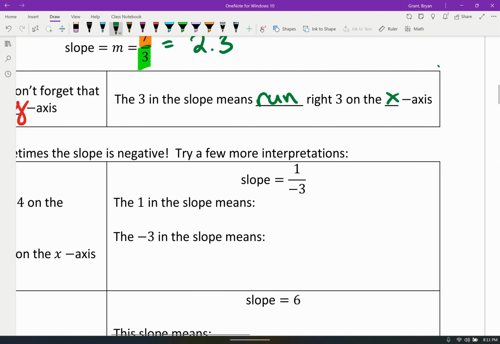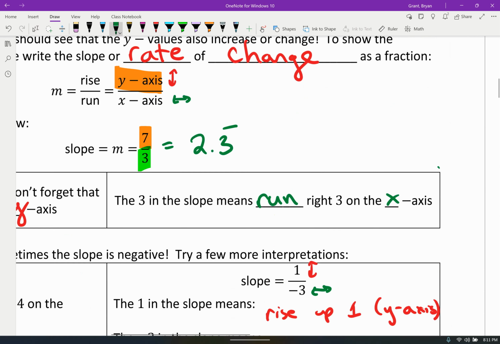All right, let's try another. Slope equals 1 over negative 3. Well, we have our rise, and it's positive. So it means rise up 1. You can remind yourself it's the y-axis, not a bad thing. And then we've got our denominator, which means run. Wait, which way is negatives on the x-axis?